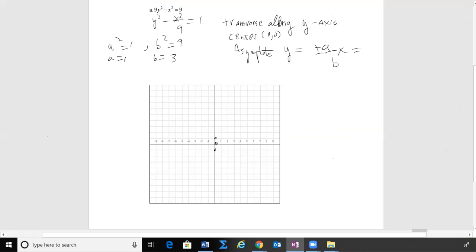Well, we can see that here, we get plus or minus 1 over 3. So if I were to draw that line in, it has to cut through right in here, it would come out like this. Roughly. There's one side of it, and here's another one.